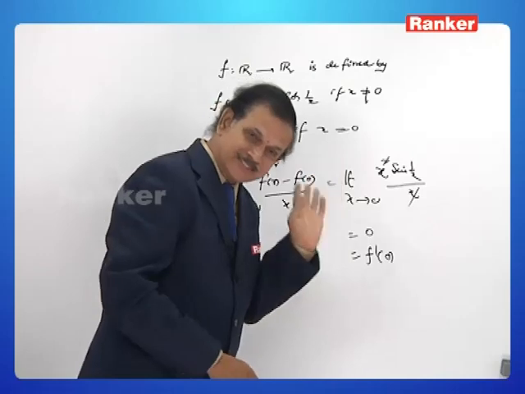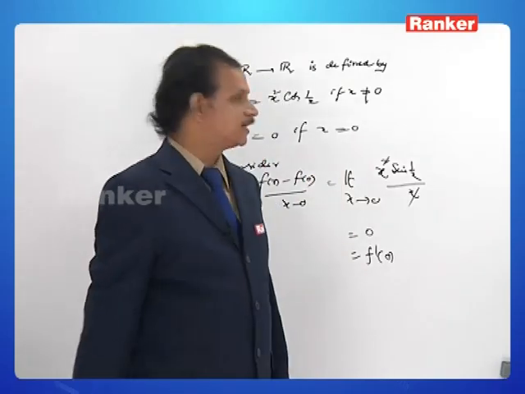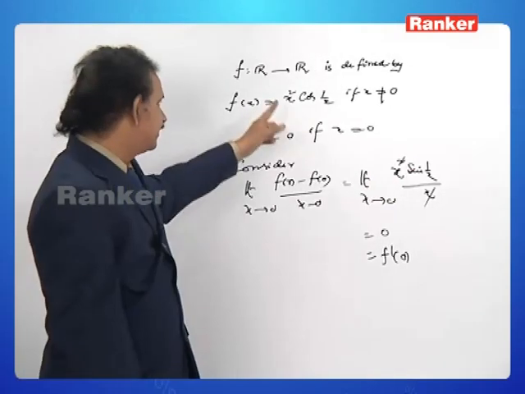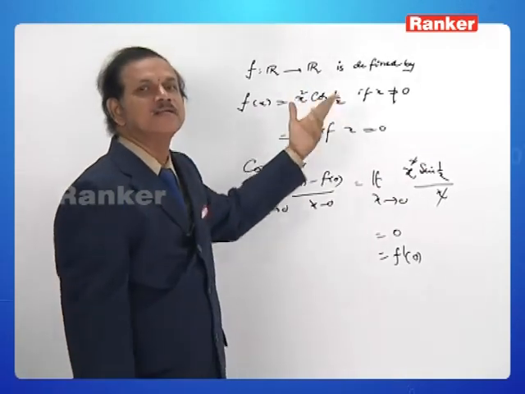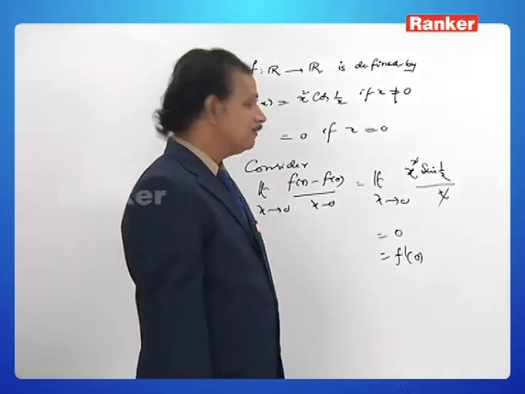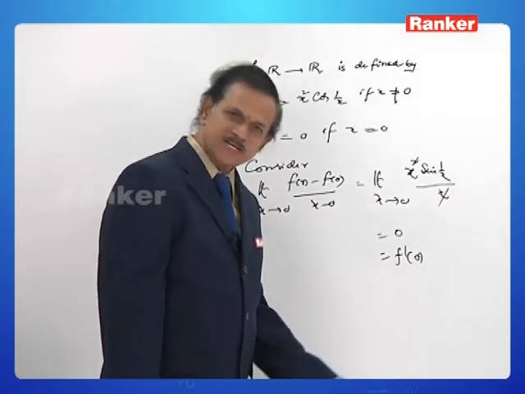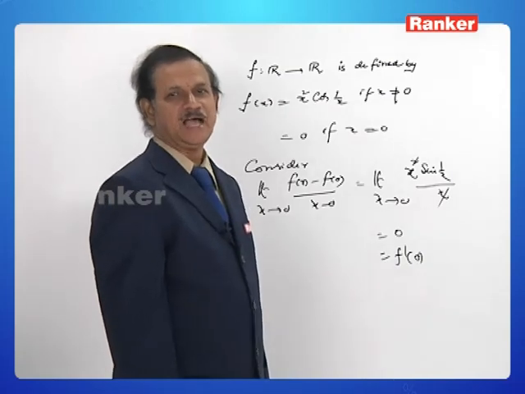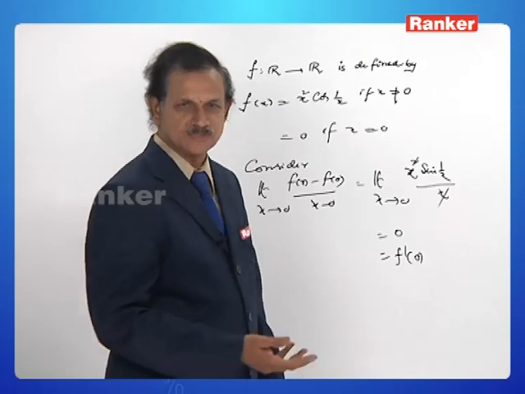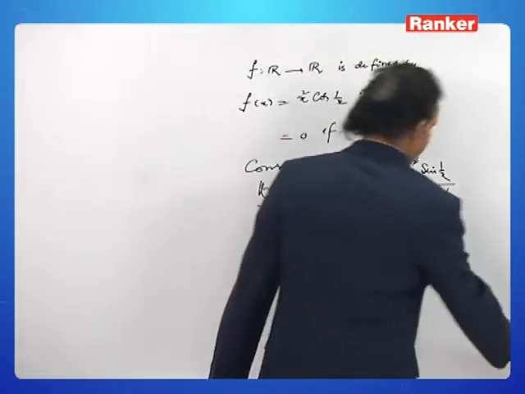Then also this function is both continuous and derivable at x equal to 0, as we are having the exponent of x greater than 1. Well, by noticing all these things, we can have a general outlook, a general understanding.